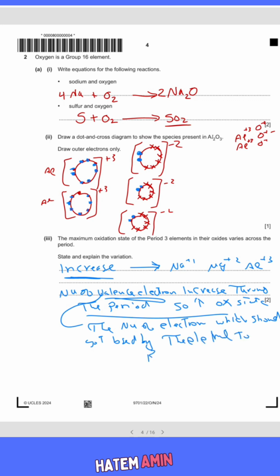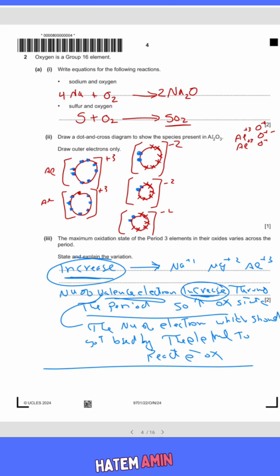Of course, this is not the answer. What is the answer? The answer is just increase. Due to what? Due to the increase in the number of electrons. Why? The number of valence electrons increases. If the number of electrons increases, it means the oxidation number will increase.